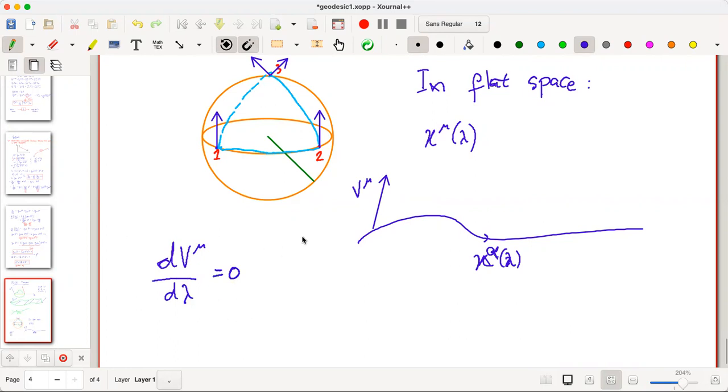If this is not the case, then v mu will not be constant, meaning either its magnitude or its direction changes, or both. To be constant, dv mu d lambda should be 0.